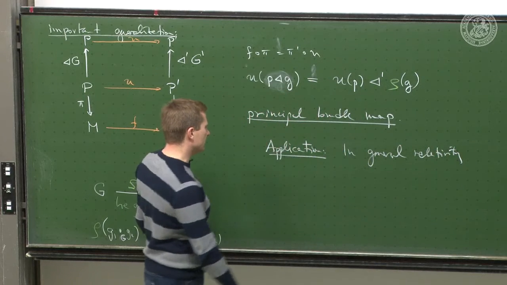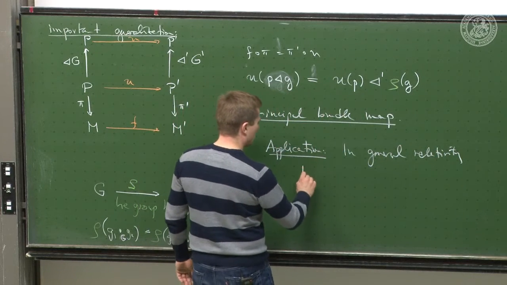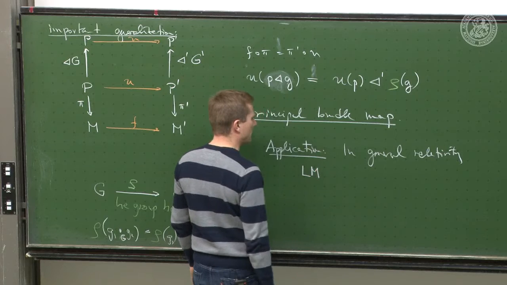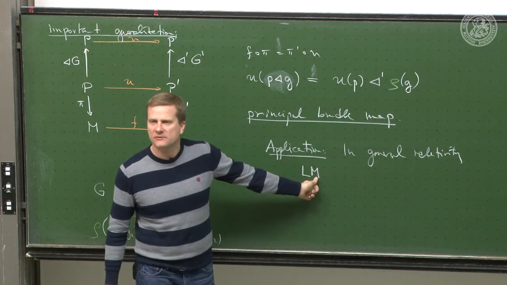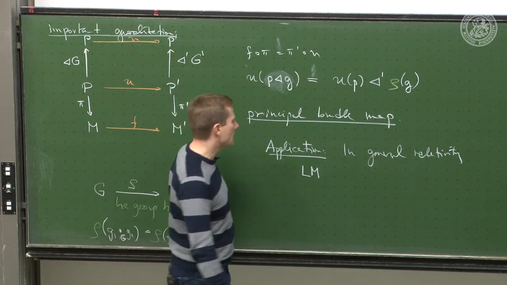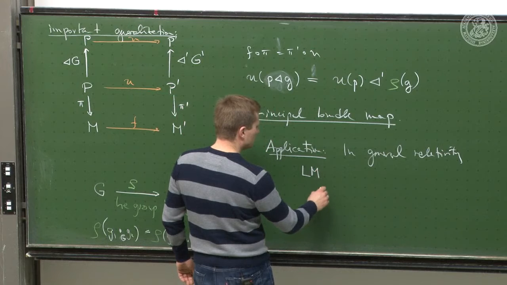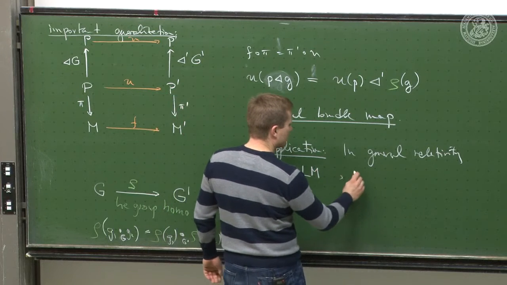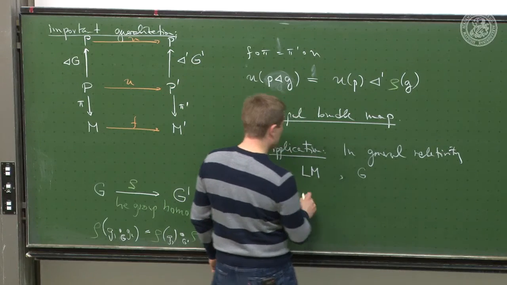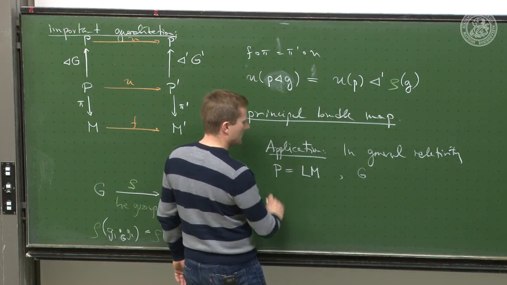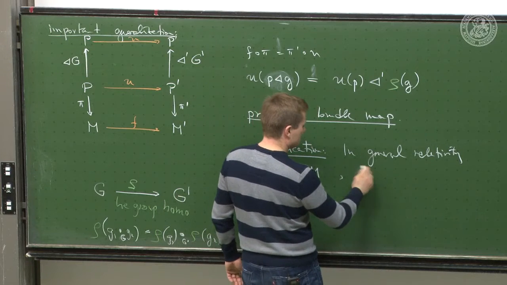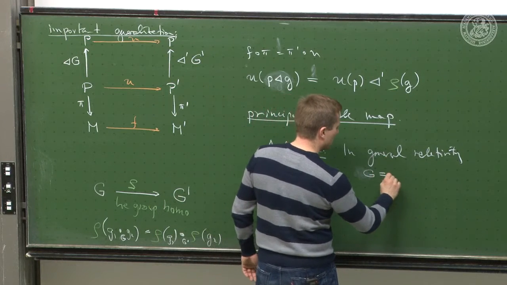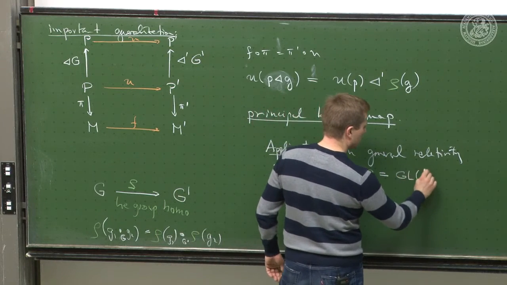And that is, in general relativity, we would often look at the frame bundle over the space-time manifold M, okay? And this is this guy, and the group that acts on there, so that would be the P, the M is the M, right? And the G is GL(d,R).